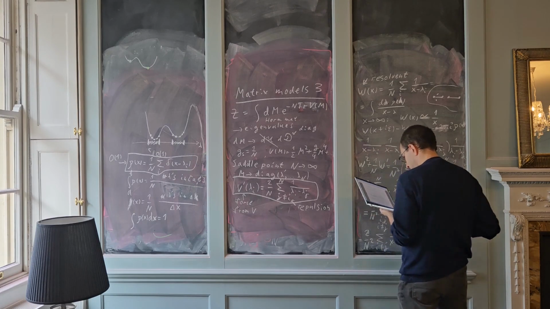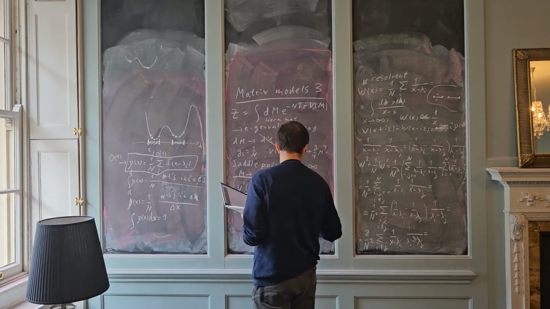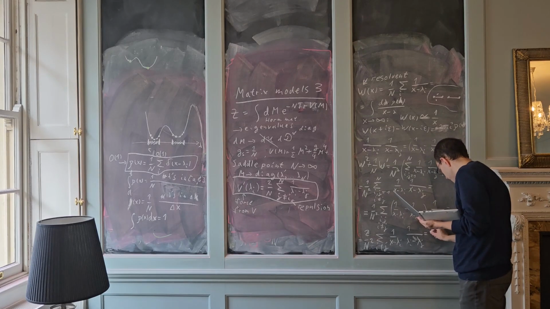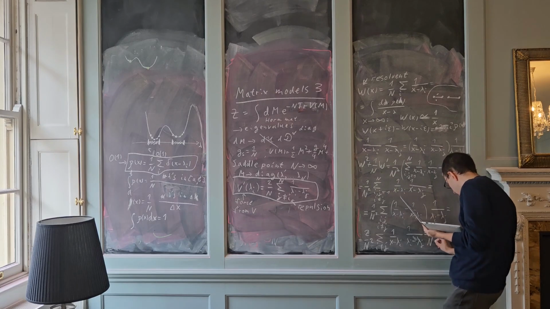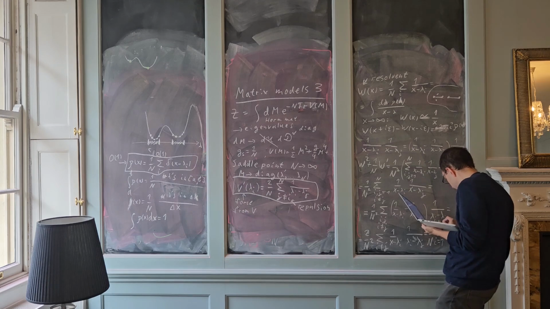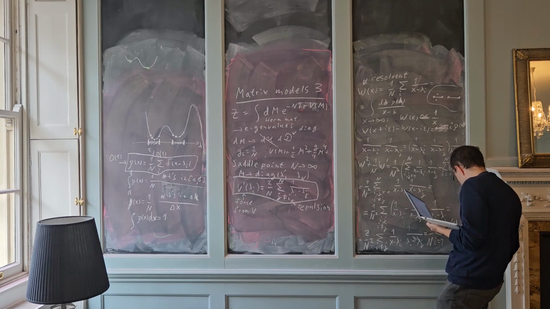So we have exactly 2 over n squared. Here we have 2 over n, so 1 over n will remain. And we get sum i equals 1 to n of v prime of lambda i over x minus lambda i.